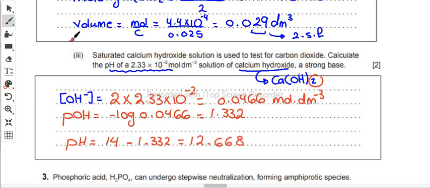If you look at my final answer, you're going to find that it is to 3 decimal places. I'm talking about pH, so it's a 3 significant figures number actually. And if I go to my question, this is 3 significant figures. So my final answer should be 3 significant figures.